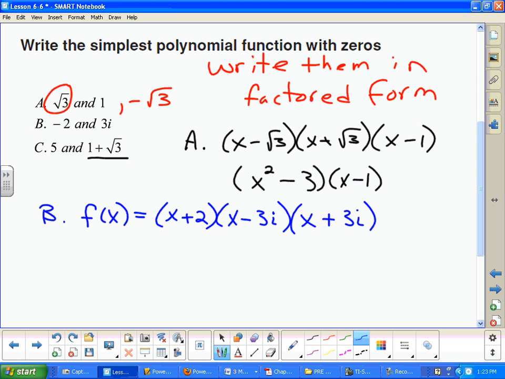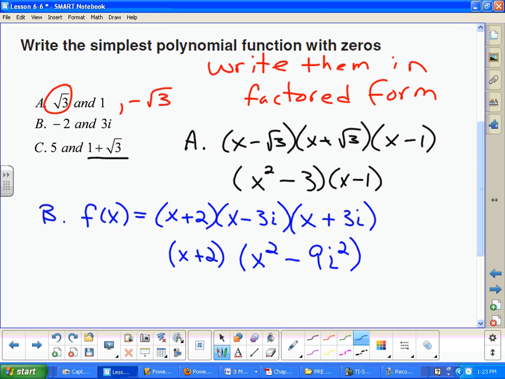And once again, here I have difference of two squares. Okay? And so if I multiply them out, this would be x squared. Negative 3 times 3 is what? Negative 9, okay? But then I end up with negative 9i squared.